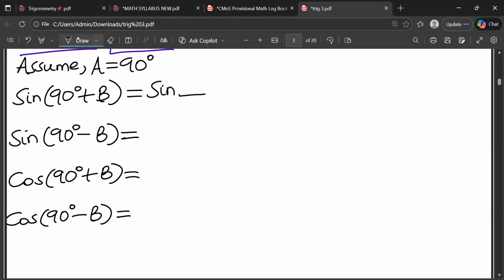Before we even fill in the angles, is it sine, cos, or sine sine? Sine cos. Then there is a sine here. Then this side, we also have sine cos again.